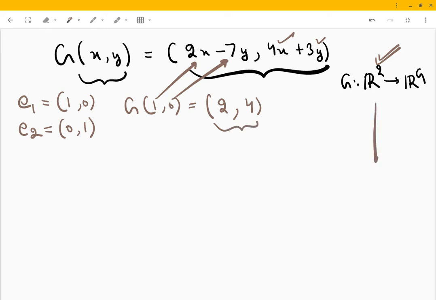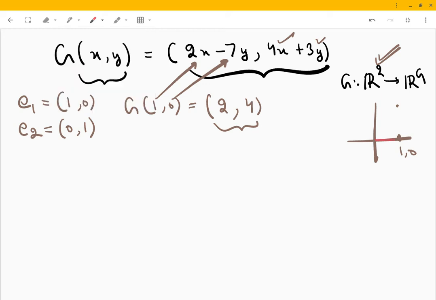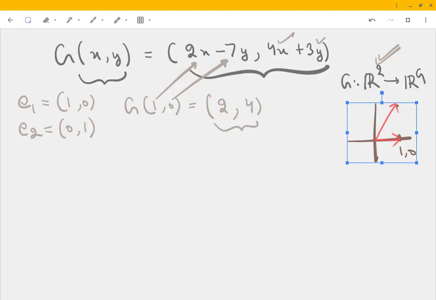Let's put in a little geometry. Point 1, 0 is this. So this is being mapped to 2 comma 4. This basically means this vector has been transformed to this vector.